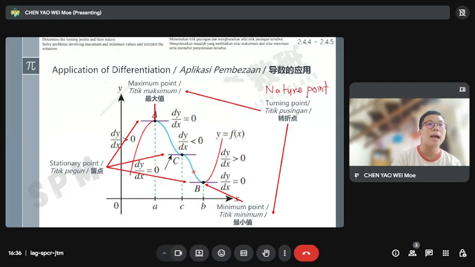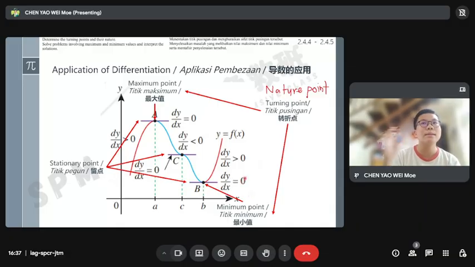But if I draw the line here, this one, you can say that dy/dx equals 0. All these use the same gradient equation, okay, but with different answers.